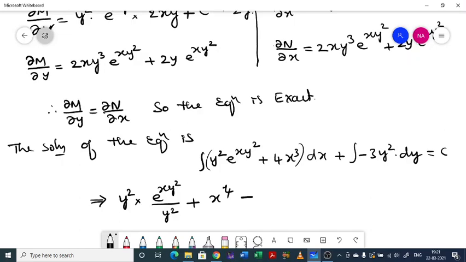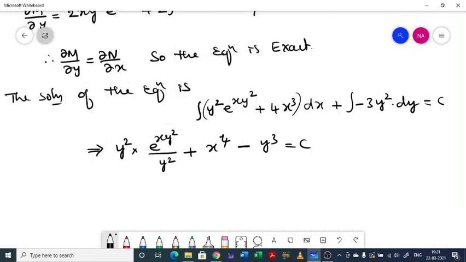Minus 3y square integrates to y cube, equal to c. So y square gets cancelled, and we remain with e power xy square plus x power 4 minus y cube equal to c. So this is the required solution.